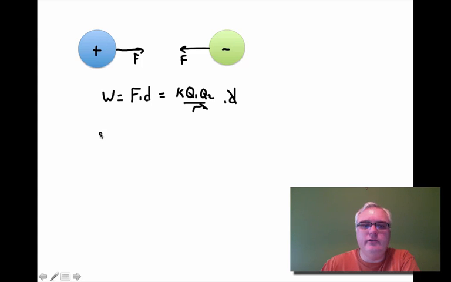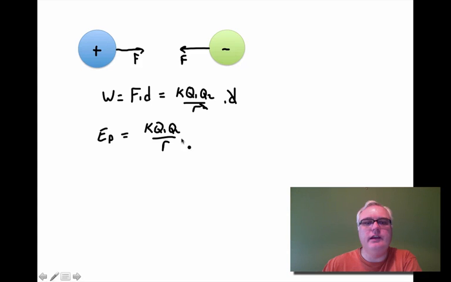And we get an equation for the work, or the energy, of this system, which is K times Q1 times Q2 over R. So this is the potential energy of these two charges, Q1 and Q2, when they're a distance r apart. So obviously as the separation between them changes, the amount of energy in this system changes. Okay? And energy, of course, is a scalar quantity, so it doesn't have direction. And it's measured in units of joules.